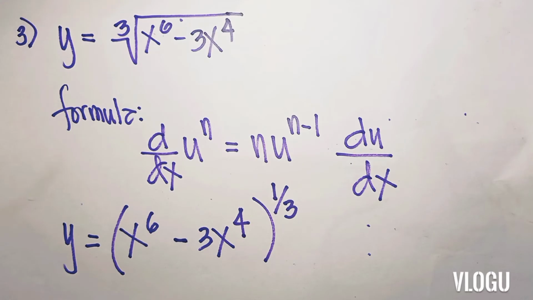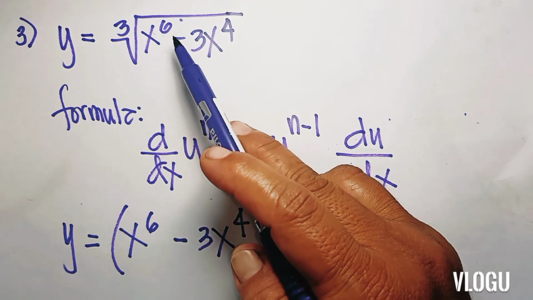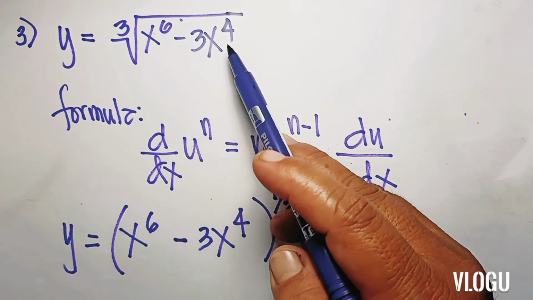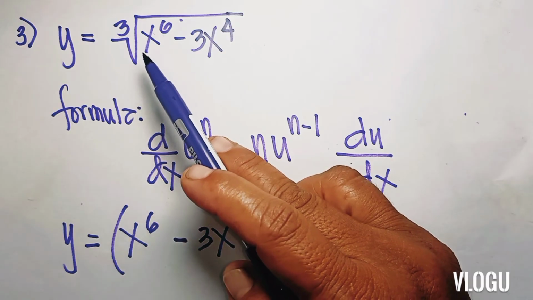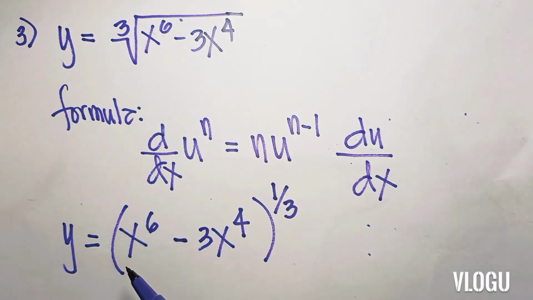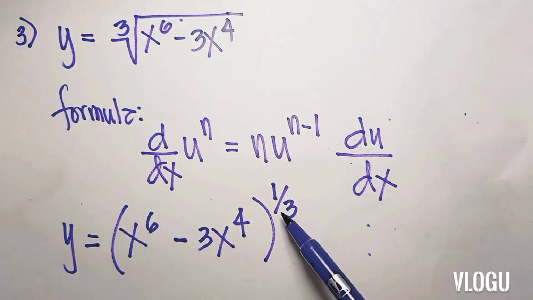In our third example, we have y is equal to the cube root of x to the 6 minus 3x to the 4th. If we look at this one, this is a cube root. So, the cube root can be expressed as y is equal to x to the 6 minus 3x to the 4th raised to 1/3.